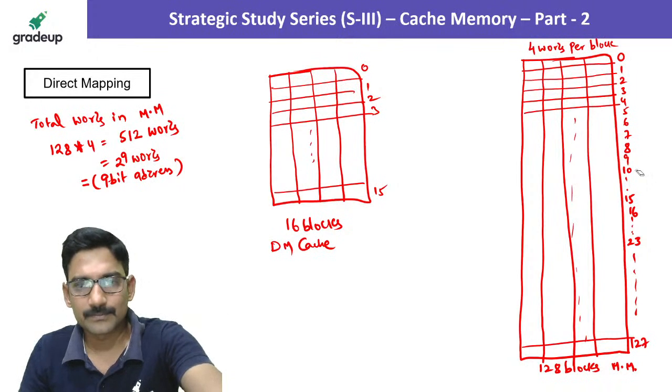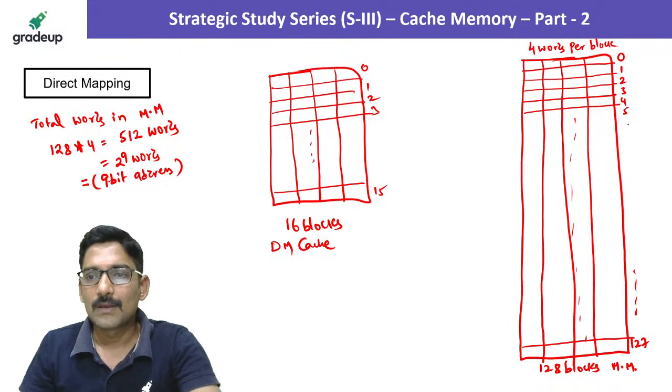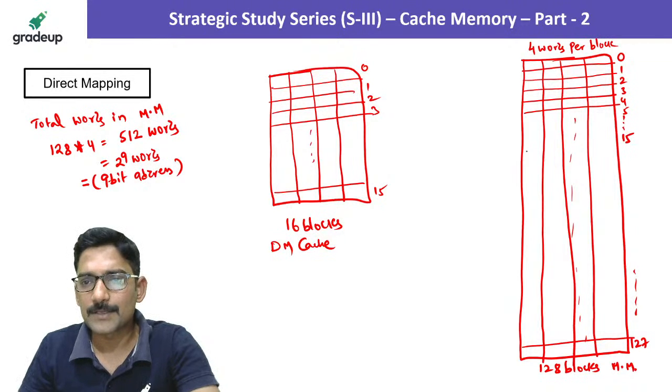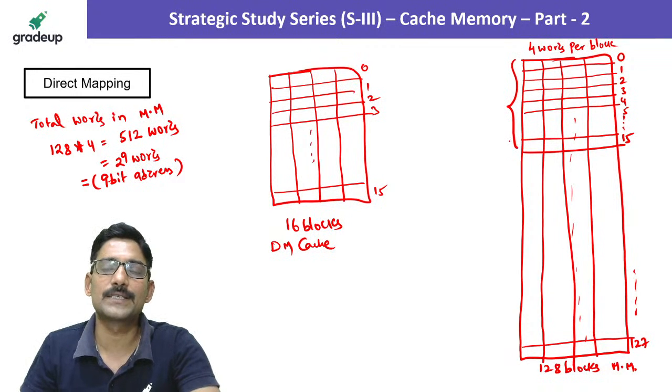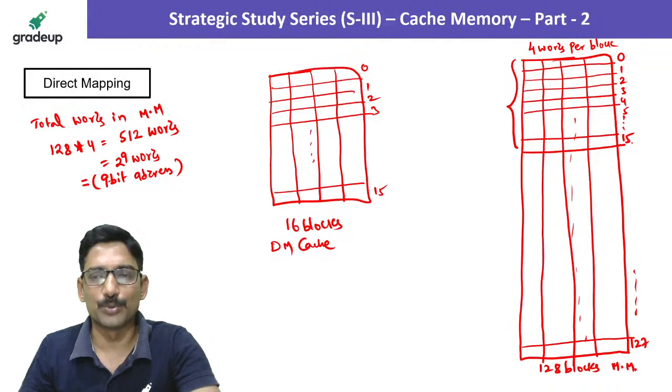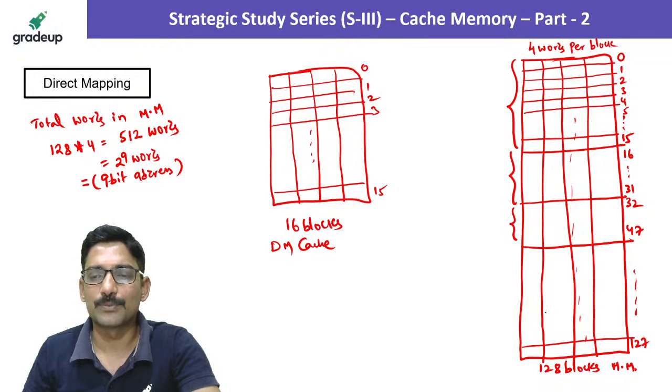So every 16 blocks of main memory is assumed to be one group. 16 to 31 is assumed to be another group. 32 to 47 is assumed to be another group.